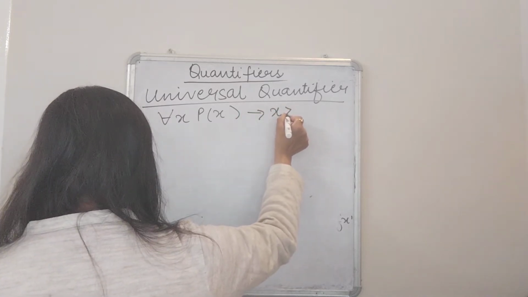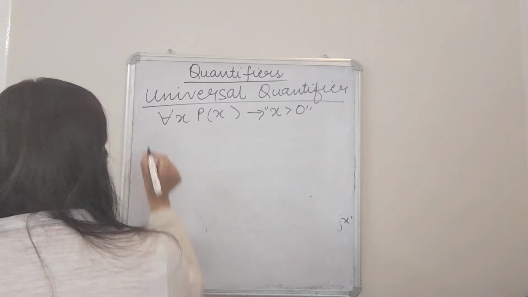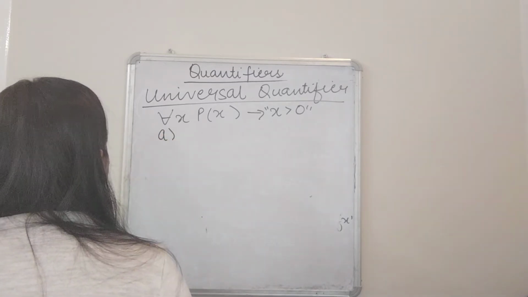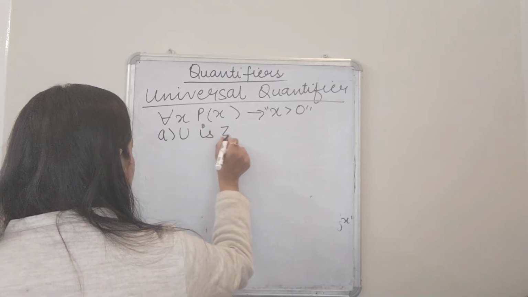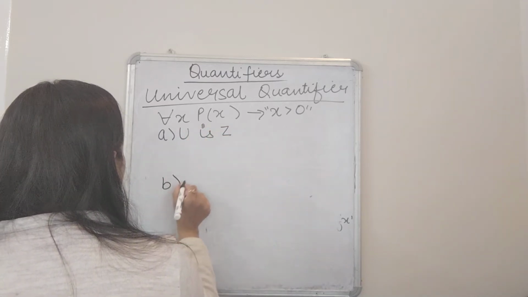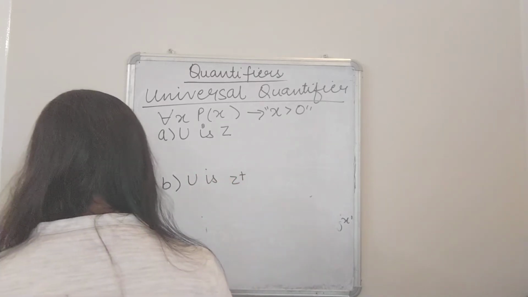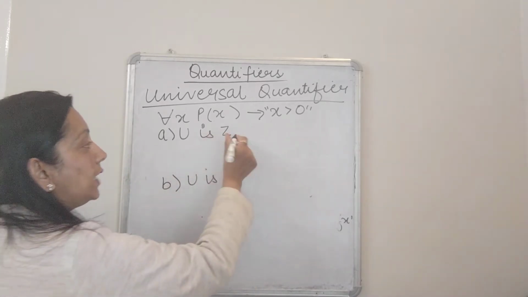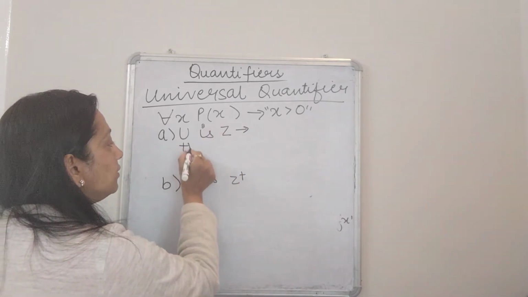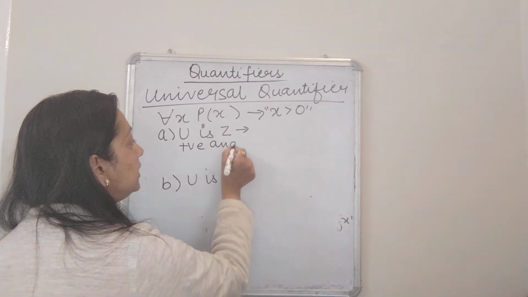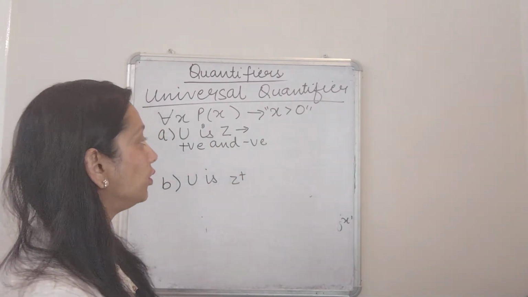If I assume that p of x represents x is greater than 0, and I give two domains for x. The first domain is integers and the second domain is positive integers. When I talk of integers, integers include both positive and negative natural numbers including 0.